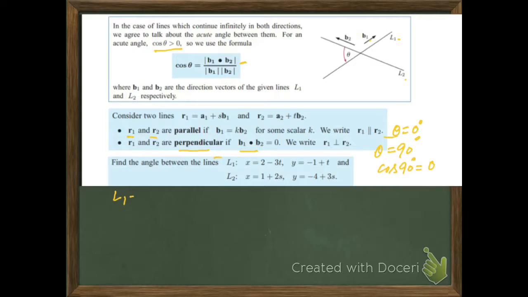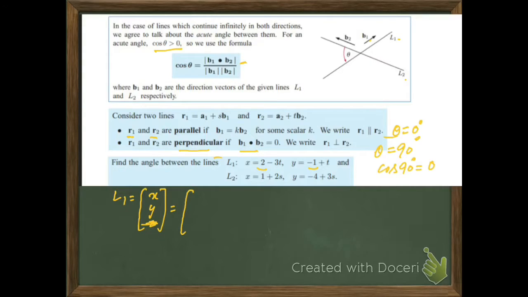So L1 can be written as x, y, z equals the point through which it is passing, 2 and minus 1. Sorry, it does not have z, so I will just take x and y.